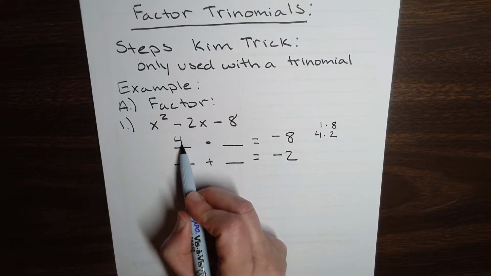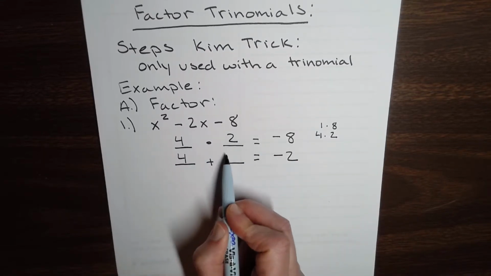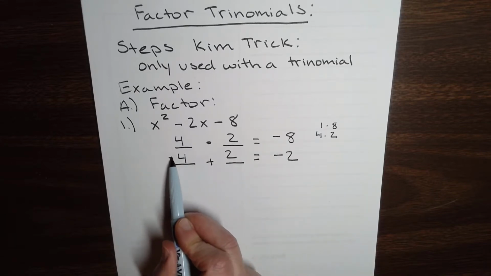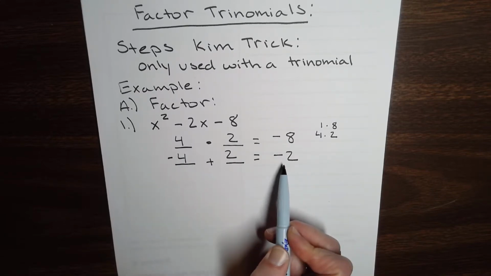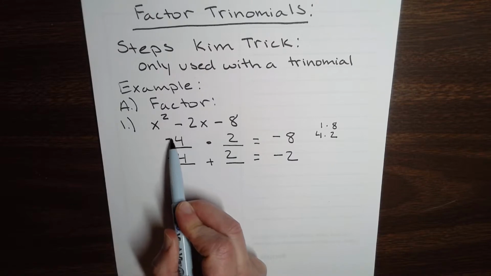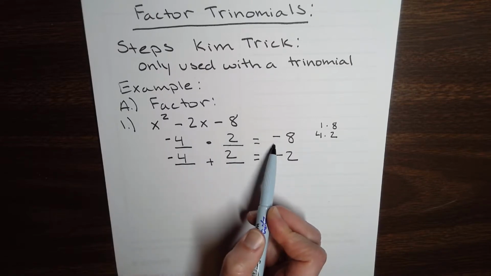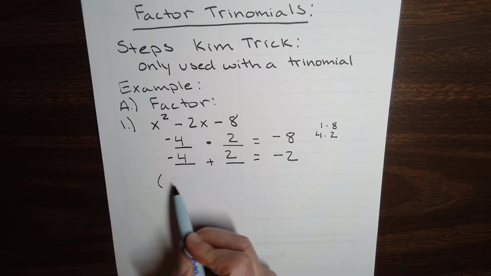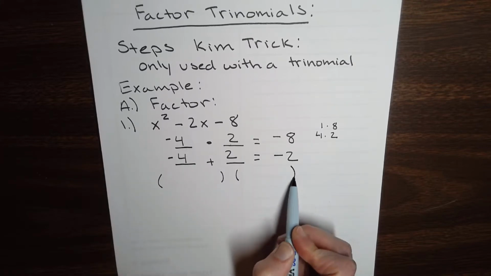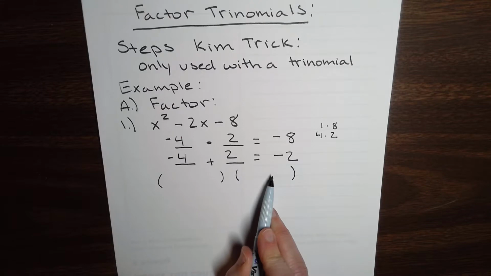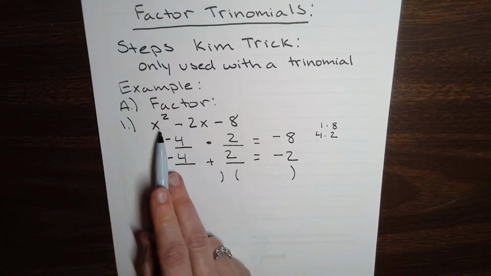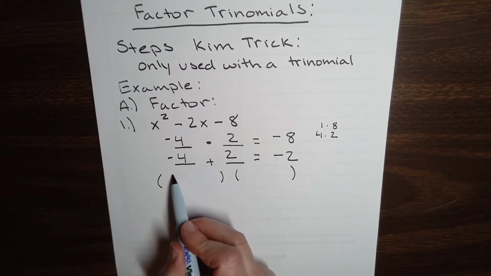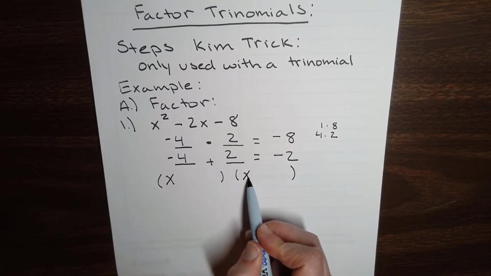So -4 and 2 would work in this case, because if I take -4 plus 2, that gives me -2, and if I take -4 times 2, that gives me -8. So I found the right combination. To factor this, you would have 2 sets of parentheses, and whatever letter is here goes here and here.